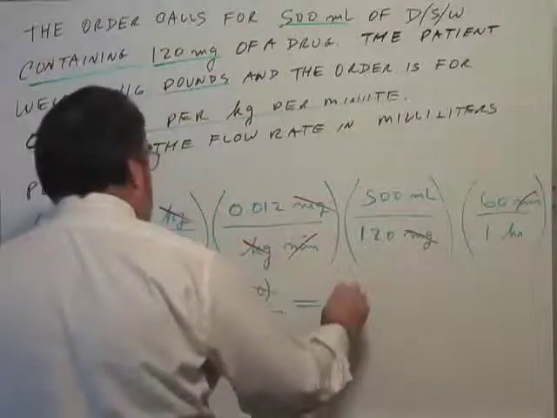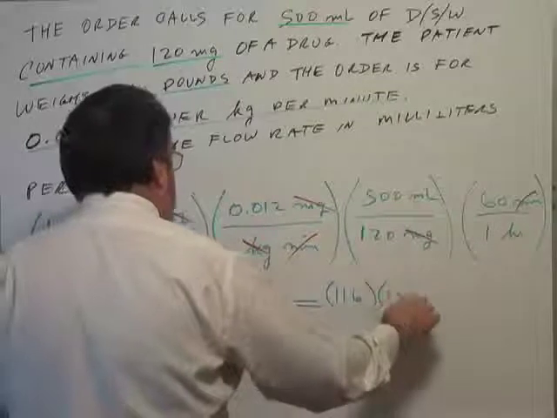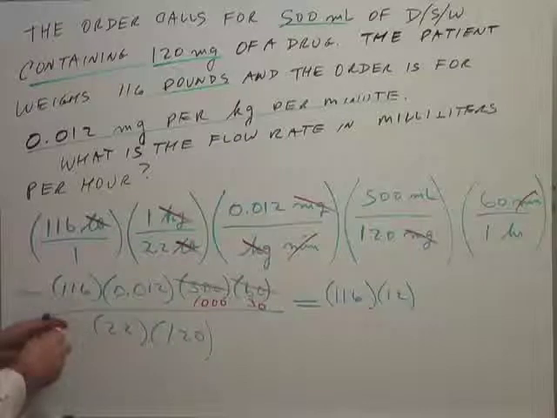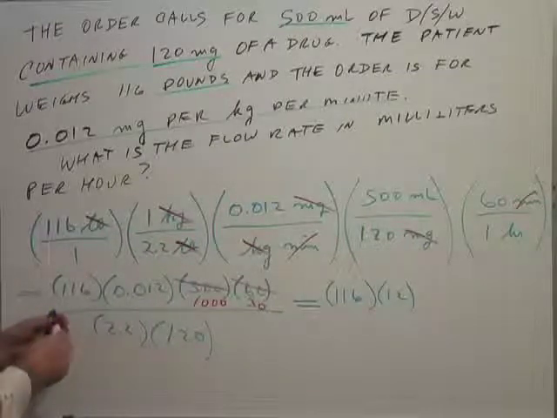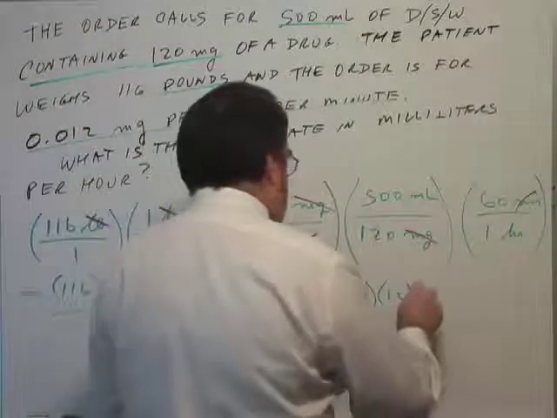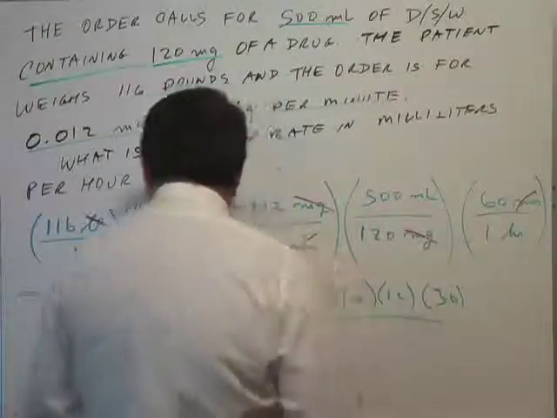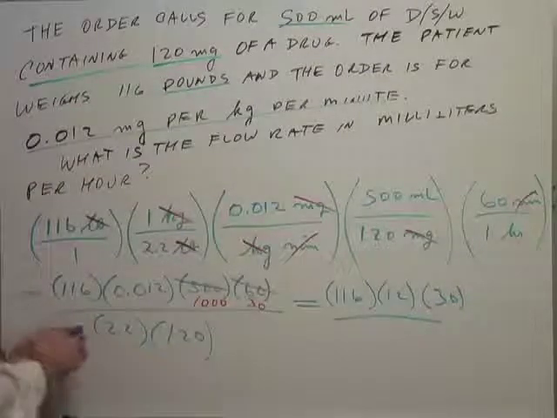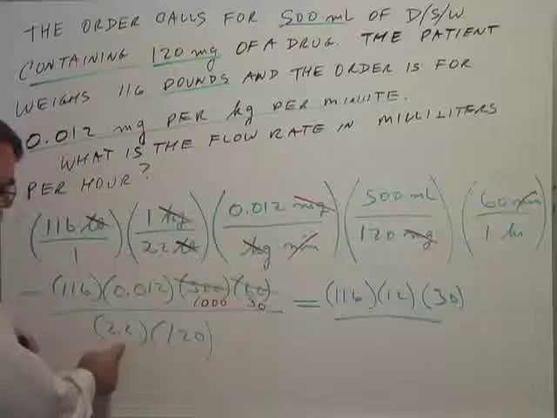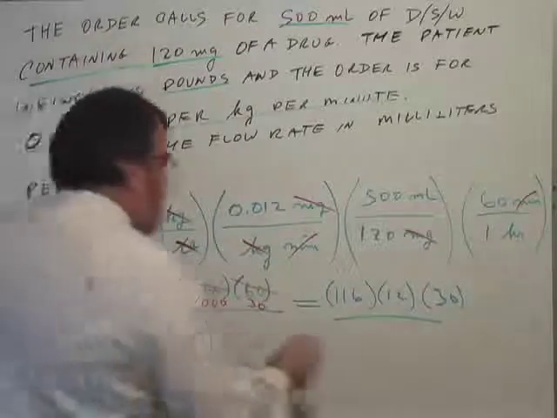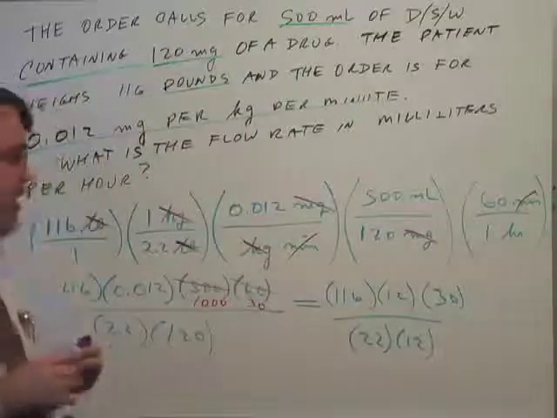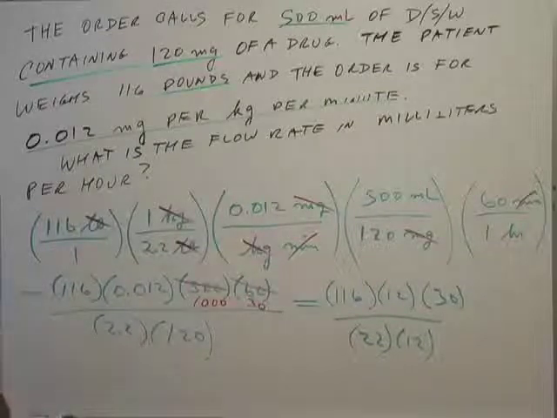This gives me 116 times 12. And I also have the 30, so let me keep the 30 up there. Down here I'm also going to get rid of my decimal by borrowing. If I borrow a 10 here and multiply there, I get 22 times 12. So this was a way of canceling off decimals.